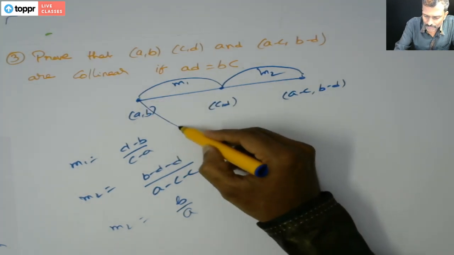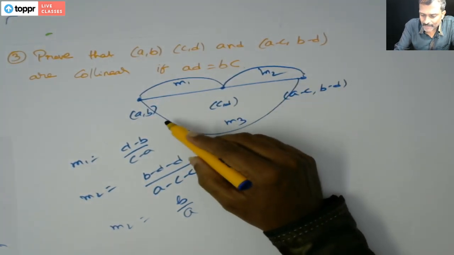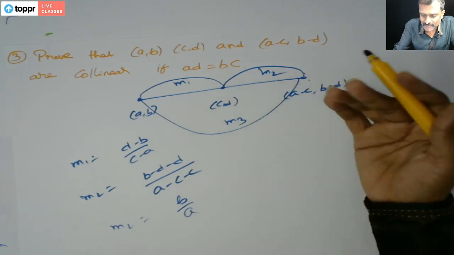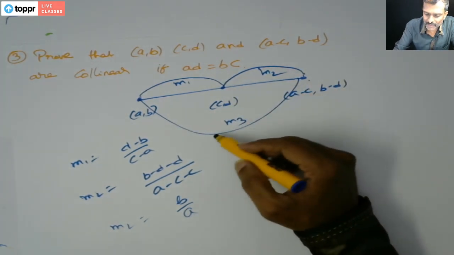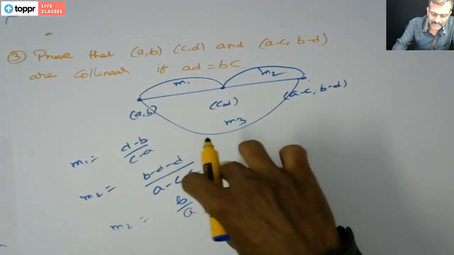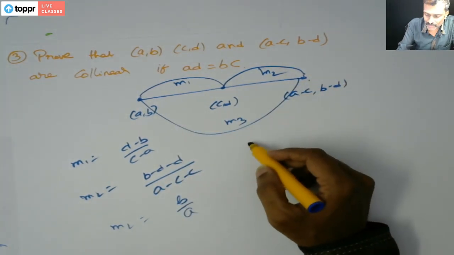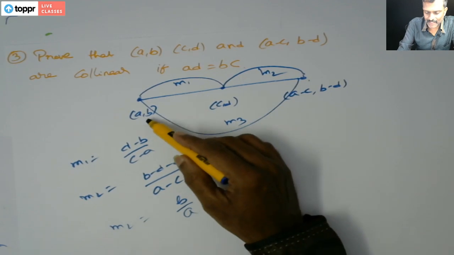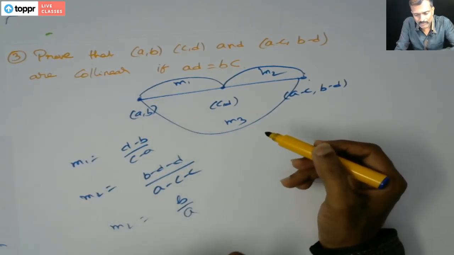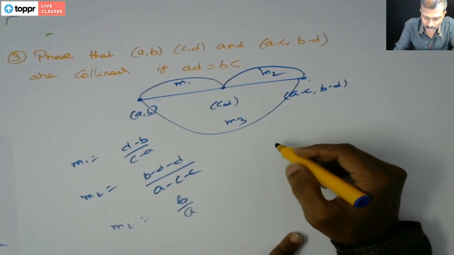Let us try to find this one also. If I prove this slope is also equal to this, because that will be easy for me rather than doing this part and simplifying it. If I do this here, I will get the slopes equal easily, I feel, because A minus C and A is here. So this is how you have to save your time in exams, by doing it in short ways.